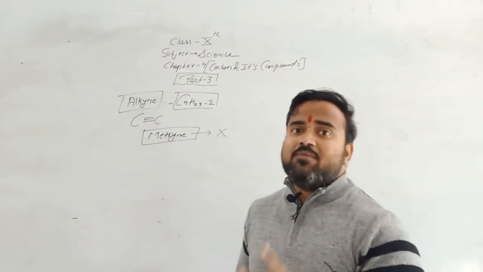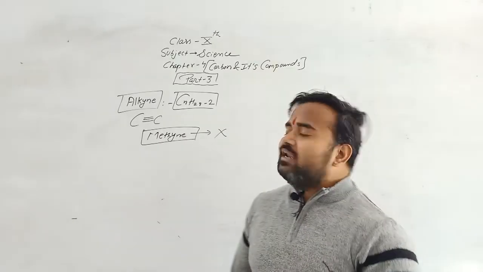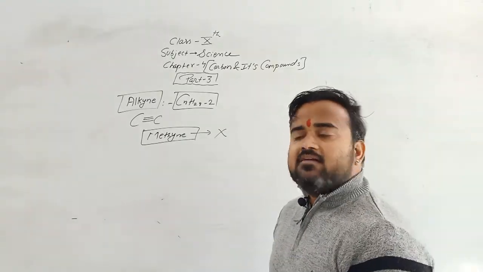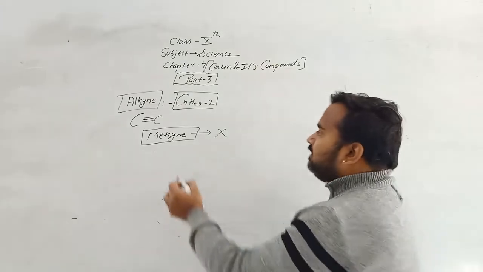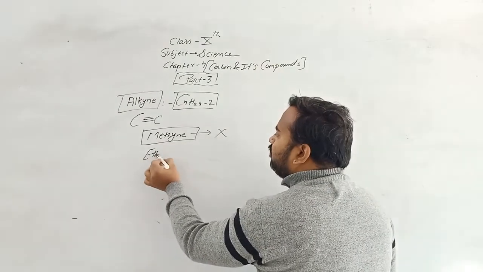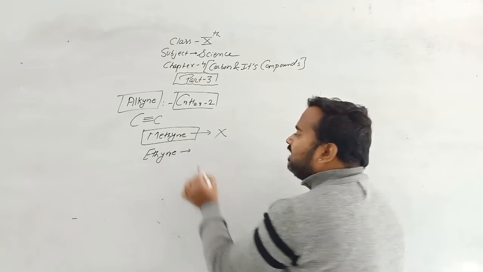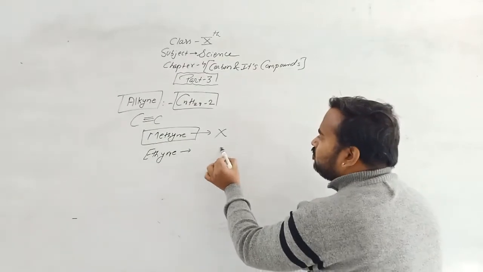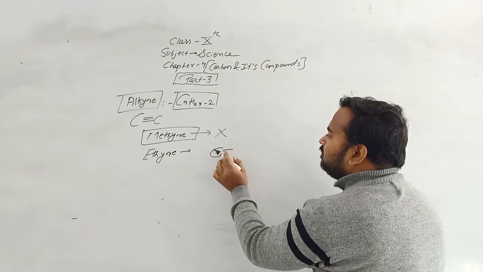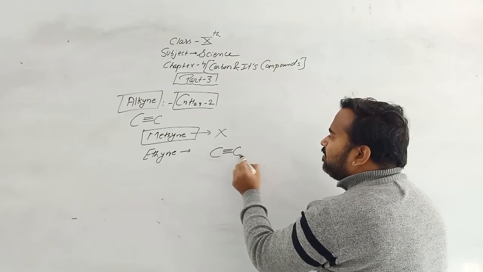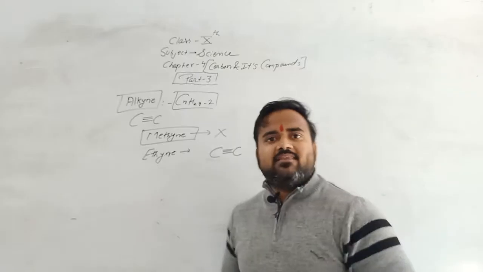So a minimum of two carbon atoms is required for the alkyne family. So we'll start the alkyne with ethyne. In ethyne there are two carbon atoms, and the triple bond present between the two carbon atoms is known as ethyne.